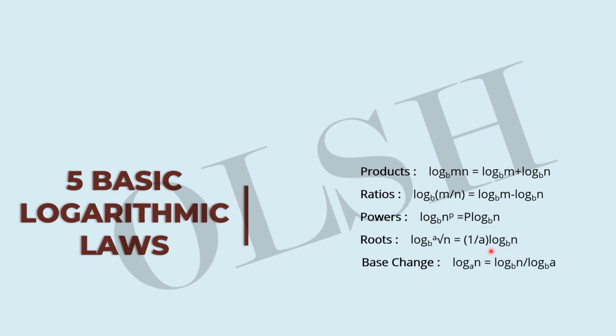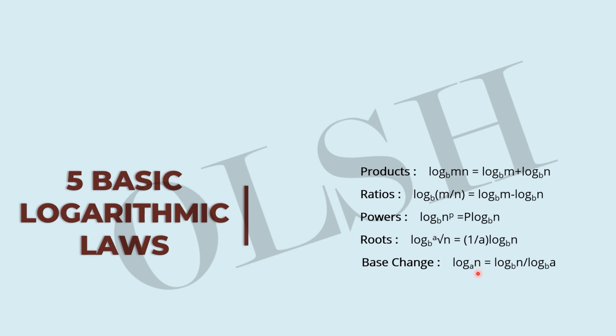Okay, so the very last one we're looking at is the law for base change. So if you have log n to base a, it's same as saying log n to base b divided by log a to base b. So it's going to be same except for the fact that we have changed the base.